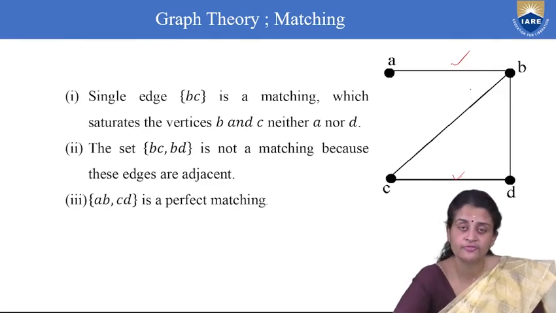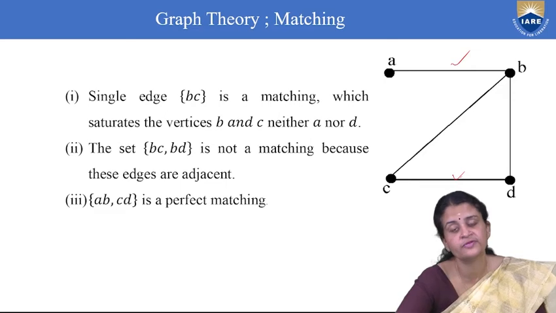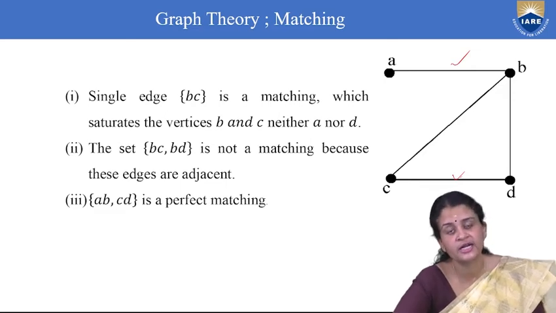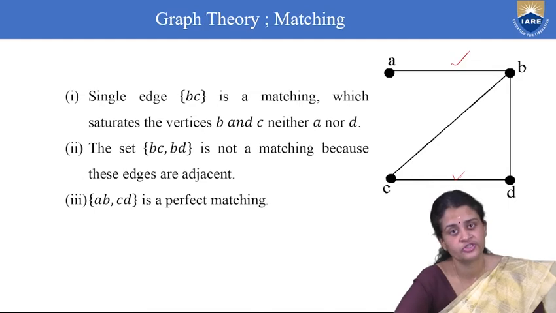It's also a perfect matching. Why perfect? It saturates all four vertices. If all the vertices of the given graph G are saturated under a given matching, then it is said to be a perfect matching.